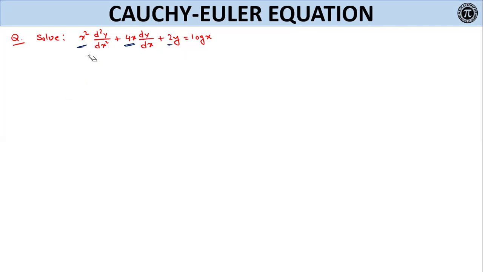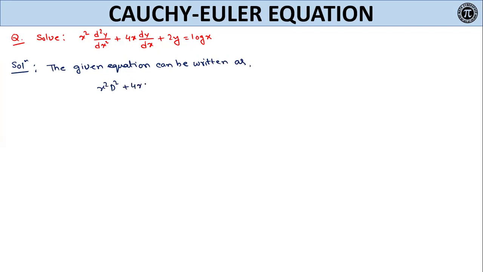How? The process is, for this type of problem, first you have to change the variable. Actually, we can write the given equation in this form: (x square D2 plus 4xD plus 2) y equals log x.